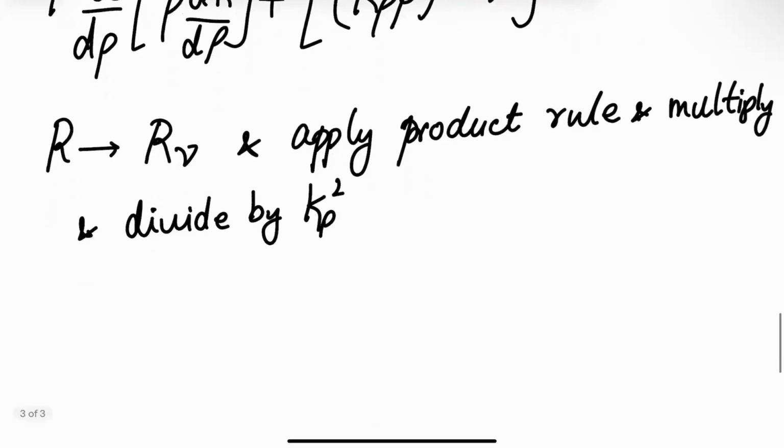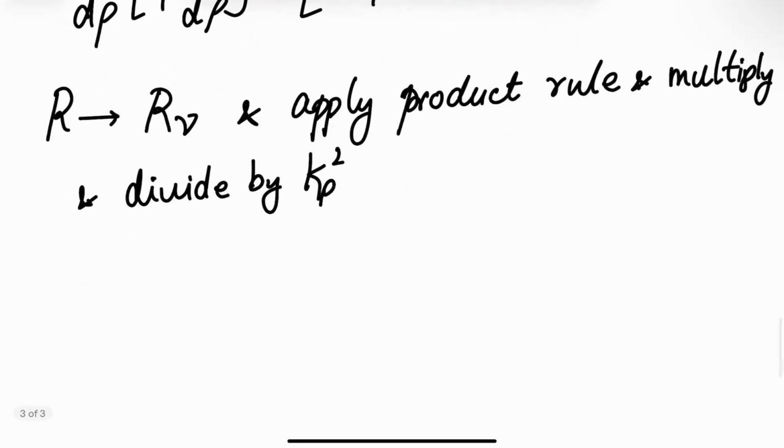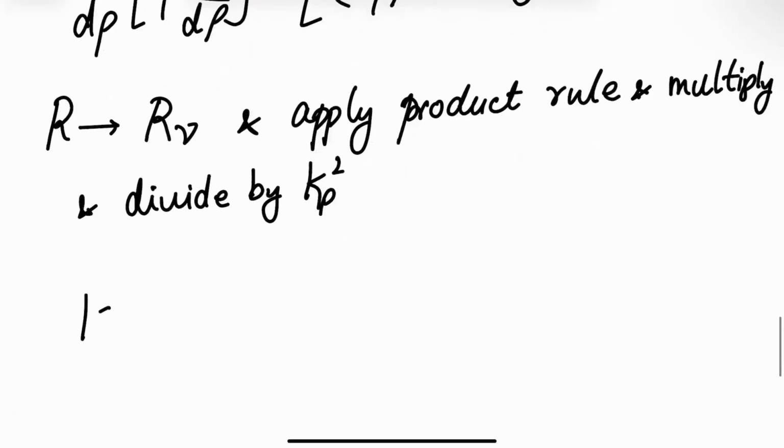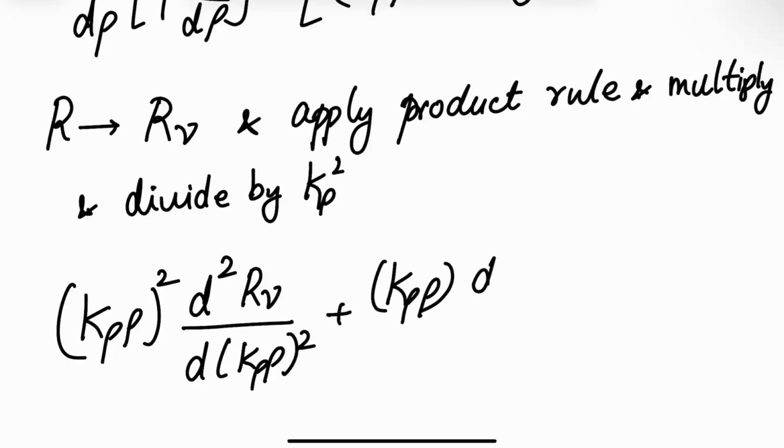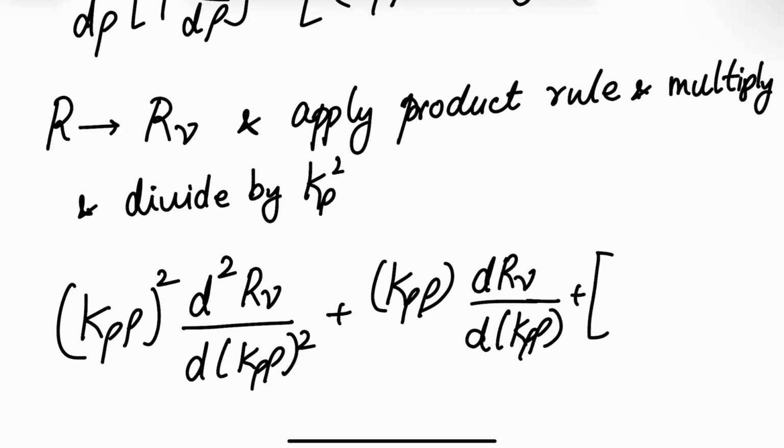Okay, k sub rho square. So if you do that, then you end up with k rho square d square r nu over d of k rho square plus k rho dr nu over d k rho plus k rho square minus nu square equal to 0.